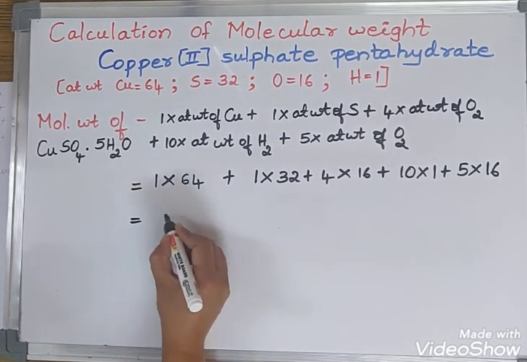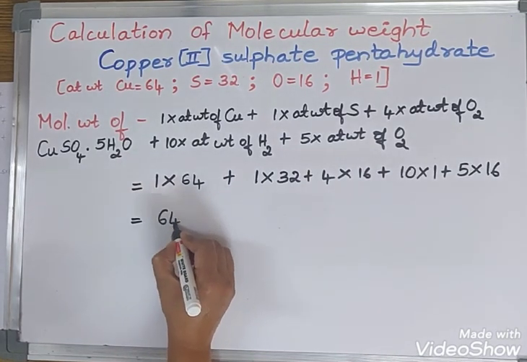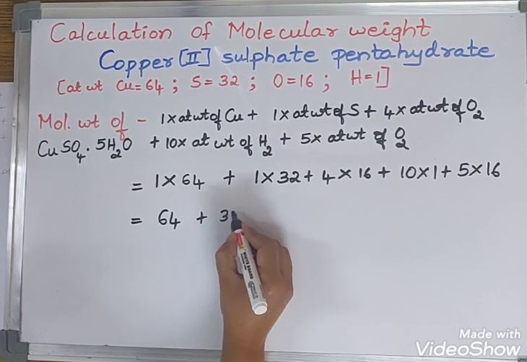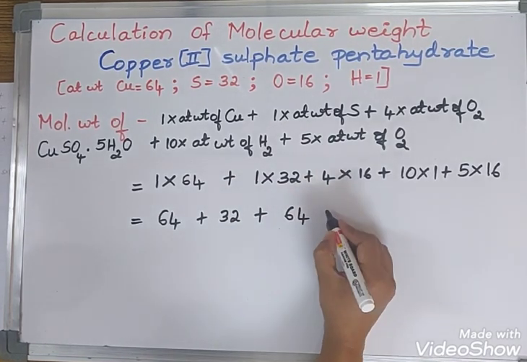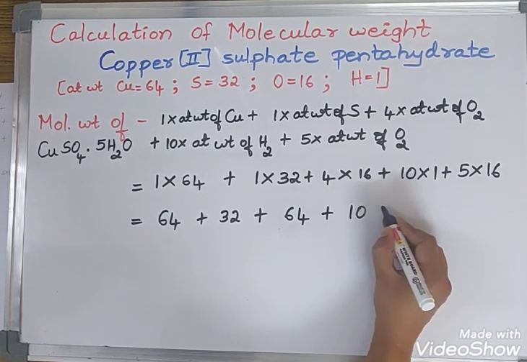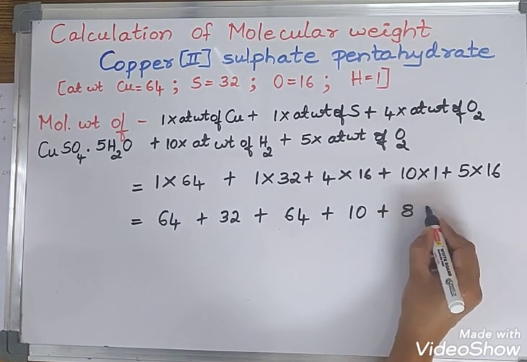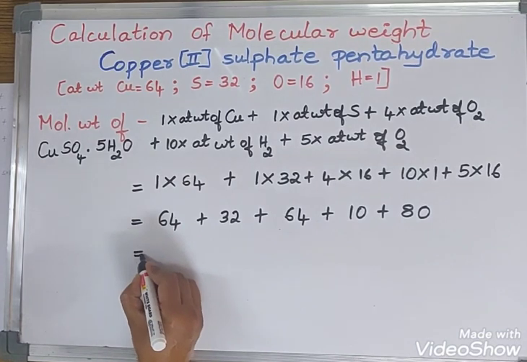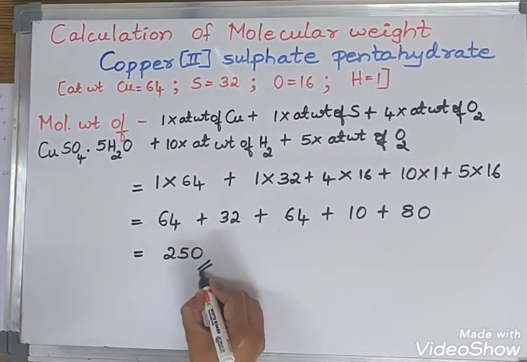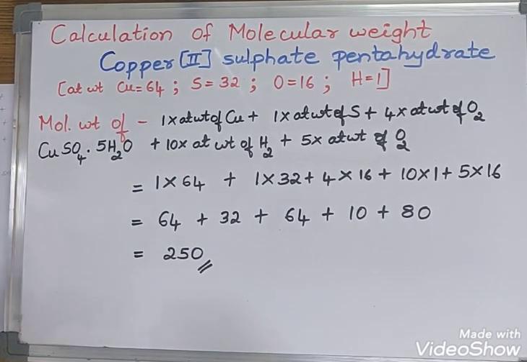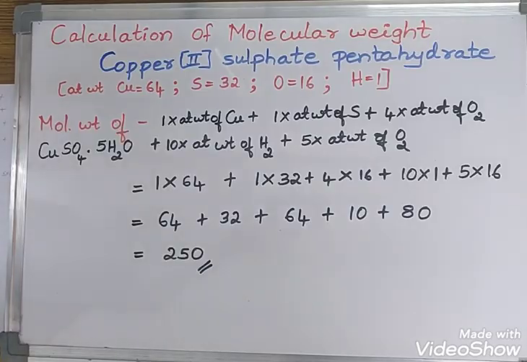That is equal to 64 plus 32 plus 64 plus 10 plus 80. When you add all of this, you get 250 as the molecular weight of hydrated copper 2 sulfate.